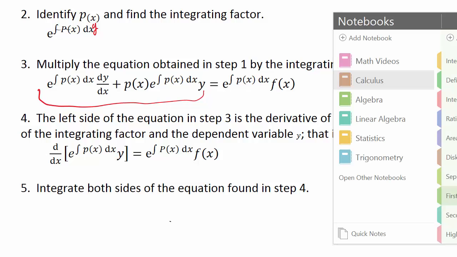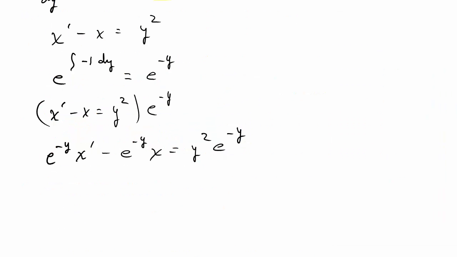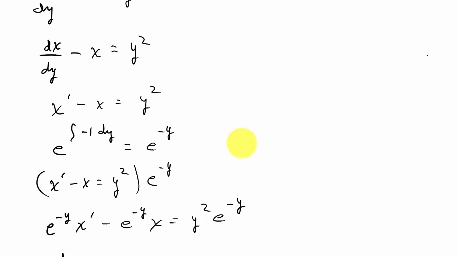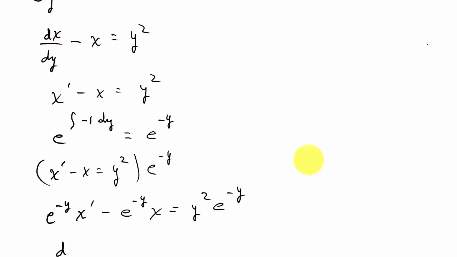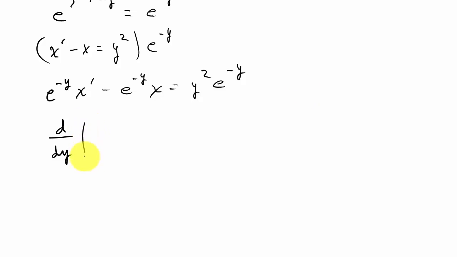Okay, so let's go back to our example. So this is going to be the d, and it's dy, not dx, because of what we did up here. Okay, and that's the product of the integrating factor and x. So there's my integrating factor, there's x, and that equals y squared e to the -y.